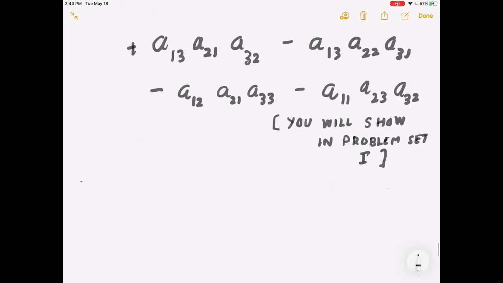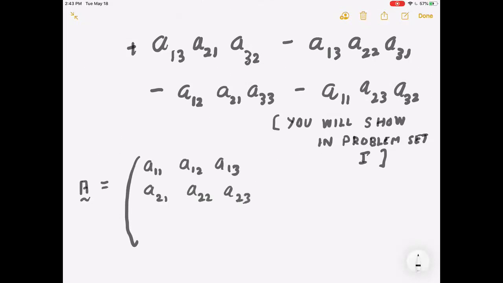But actually, there is a much easier way to remember this, again, using our rule from high school. First row, I have matrix elements a sub 1, 1, a sub 1, 2, a sub 1, 3, a sub 2, 1, a sub 2, 2, a sub 2, 3, a sub 3, 1, a sub 3, 2, a sub 3, 3.